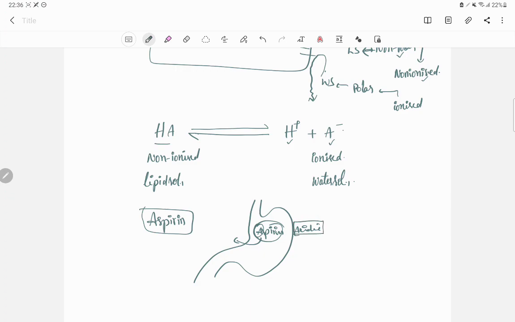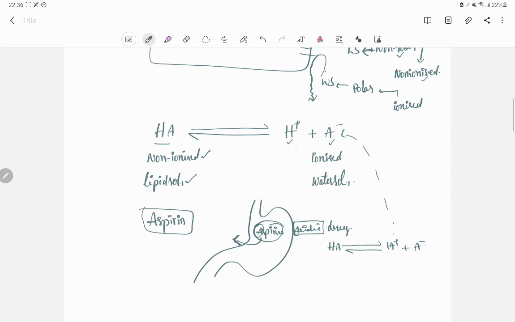Aspirin is an acidic drug, so it is symbolized with HA, which gives rise to H plus A minus, right? A similar equation. Okay, in order for our aspirin to be absorbed, we need the compound to be in lipid soluble form, which is non-ionized form. That means we don't want the forward reaction, but we want a backward reaction, right?